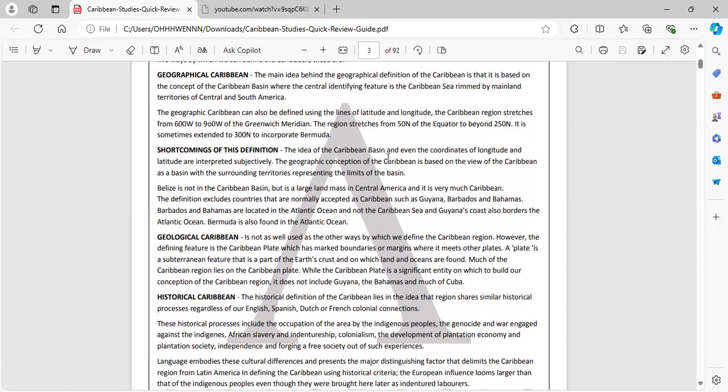I understand it's not completely, because there are certain countries which are not even washed up on the Caribbean Sea, and they're Caribbean. There are other countries which are washed up on the Caribbean Sea and are not considered Caribbean. I think the only reason why the Bahamas is Caribbean is political. I don't remember the country right now.